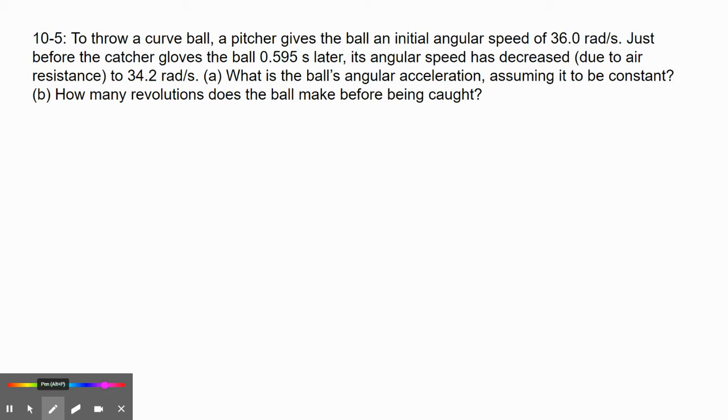Okay, so take a look at your formula chart and see if you can locate an equation that would be appropriate to use here in part A. Okay, I hope that you chose this. Oops, that's alpha t.